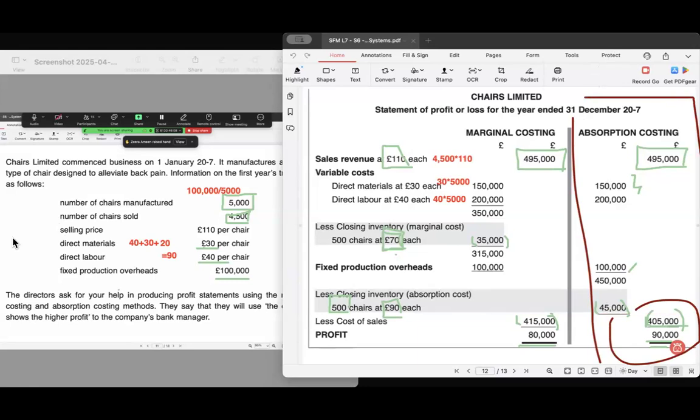Is it clear? So I'm going to give you a minute just to go through the calculations, everyone. And if you have any questions, please clear it out now. So just take a minute and see whether you understood all the calculations.